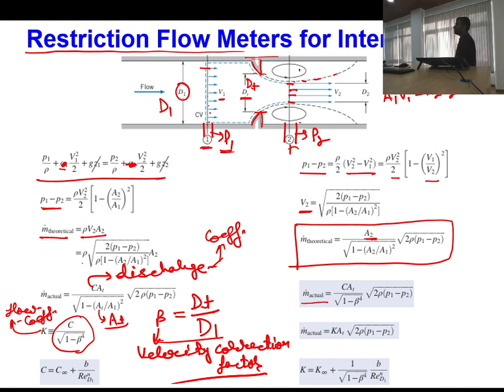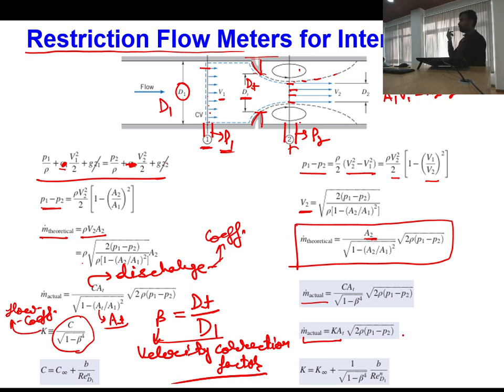So flow coefficient is nothing but a combination of the discharge coefficient and the velocity defect factor. If I write this K, then my actual mass flow rate is K times AT into square root of 2 rho into P1 minus P2.